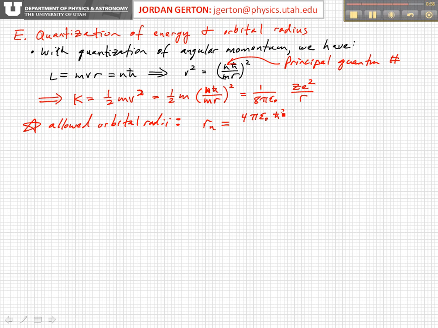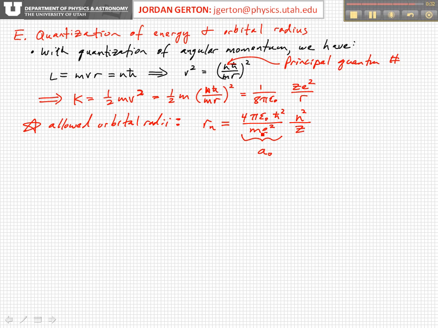So I'm just solving the equation above here for r, and then I'm going to write this term separately over Z. Okay, and it turns out that this quantity here is a group of constants, right?